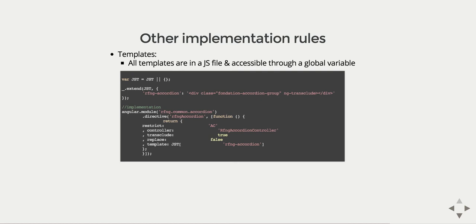So you'll see over here that we created just a simple accordion, which has a div class and everything with the transclude in there, and then in the actual Angular module, when we need to call the template at the very last line, we just call the JST with the name of the template that we wanted. So what this allowed us to do is to package up this template, which goes into that module folder, and broadcast it out whenever we wanted to, and give it to whomever was using it.